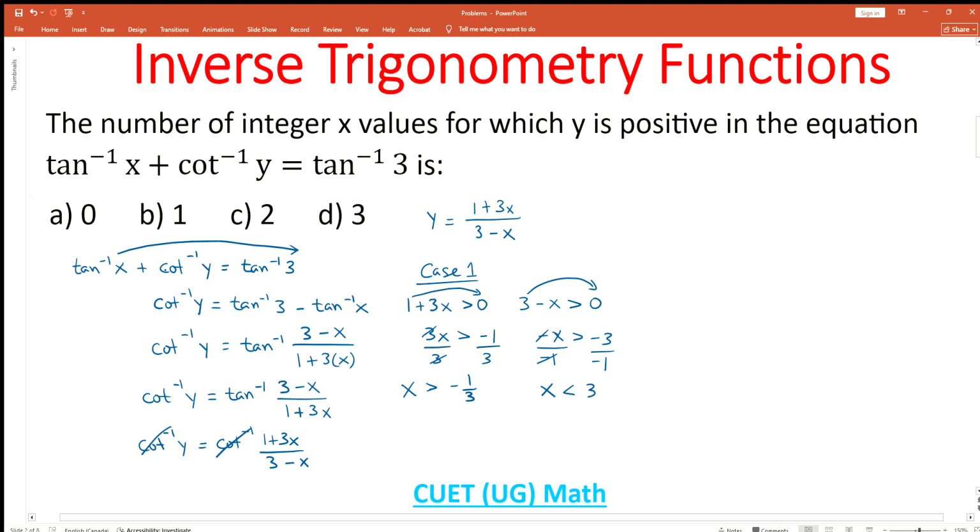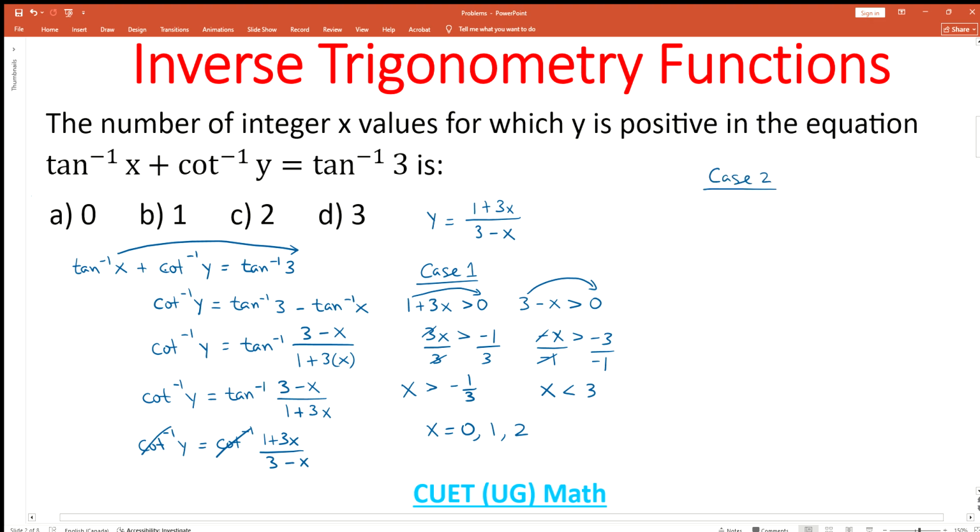So we have to find integer x values that are greater than negative 1 over 3 and less than 3. The integer x values are 0, 1 and 2. So as per case 1, there are 3 integer x values possible.